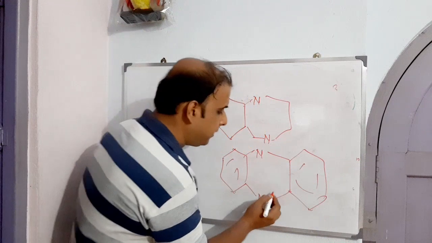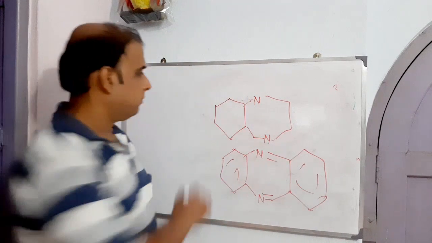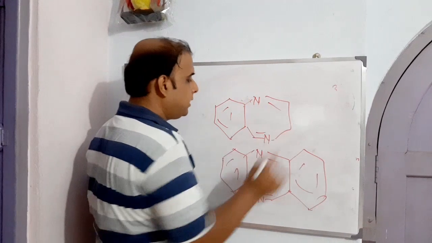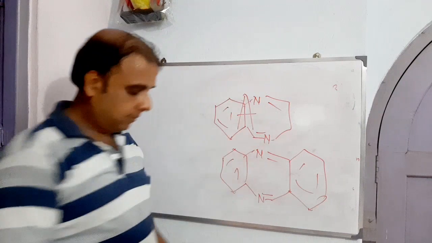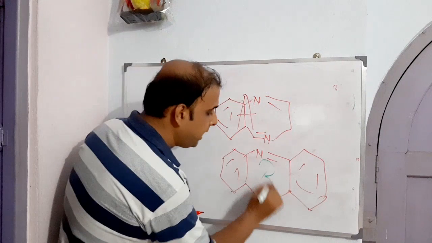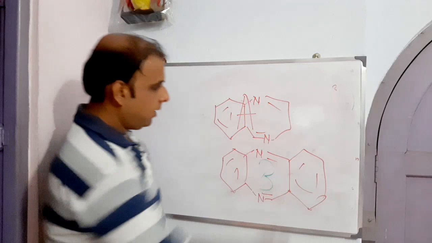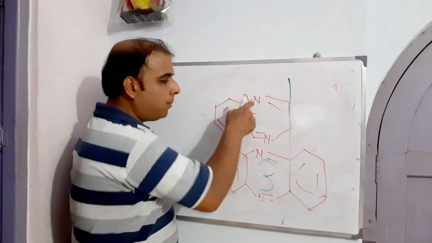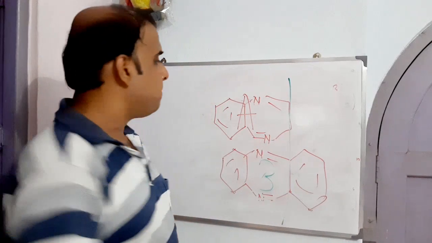Assume that this is A and this one is B. Seventy percent of these two compounds are found to be similar.